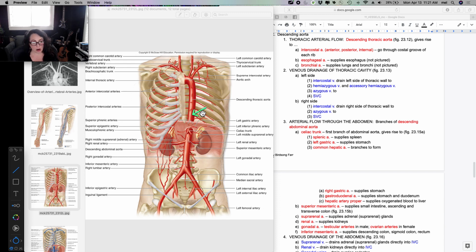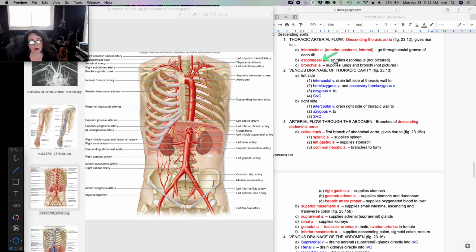But we already gave blood supply to the lungs via pulmonary circulation, and we already gave blood supply to the heart via the left and right coronary arteries, so there isn't that much left to give blood supply to in here. So the descending thoracic aorta gives rise to blood supply to these intercostal arteries, which supply the intercostal muscles.